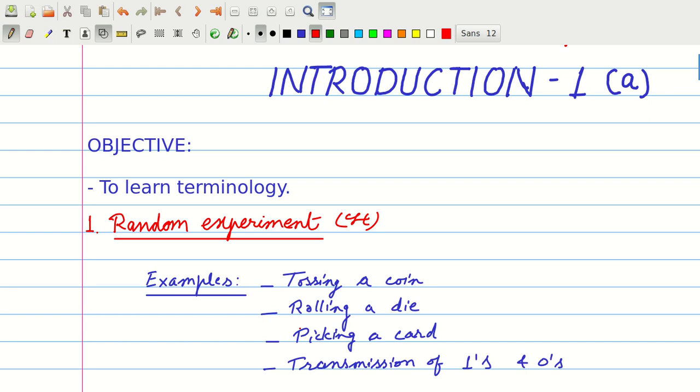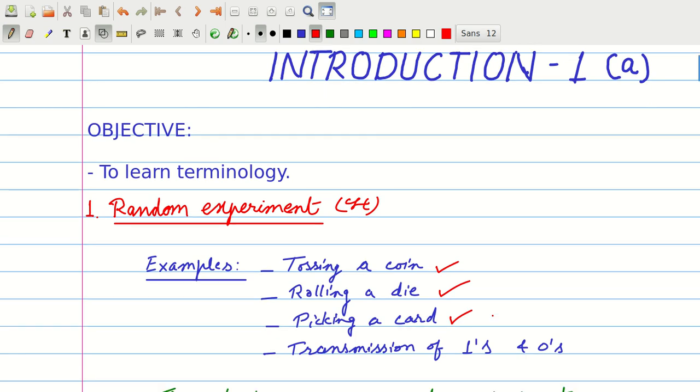Some typical examples include tossing a coin, rolling a die, picking a card from a pack of cards, or, to take an example from communications, the conveyance of information in the form of electrical pulses, which are symbolically represented by ones and zeros, constitutes a random experiment.